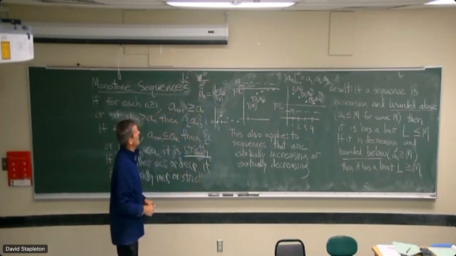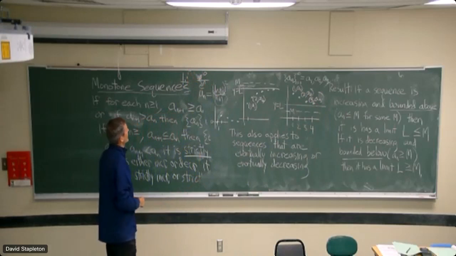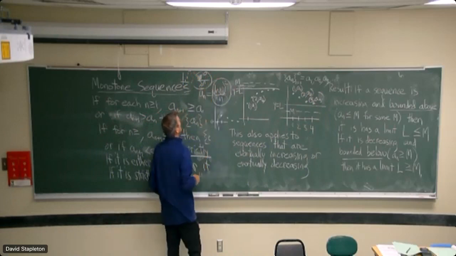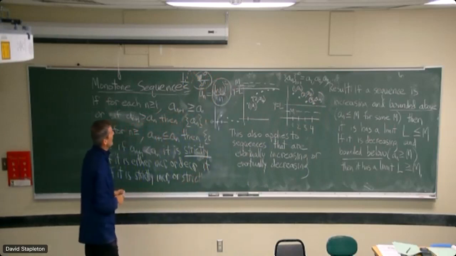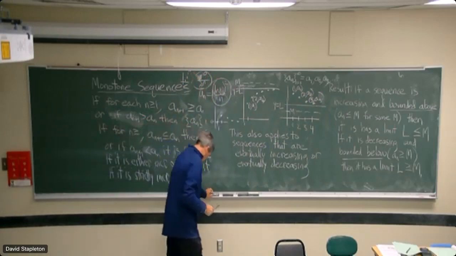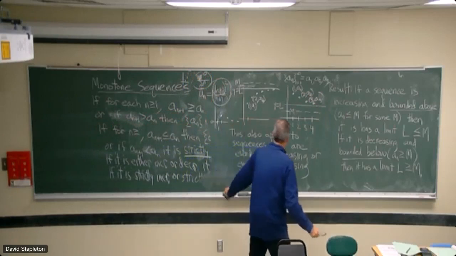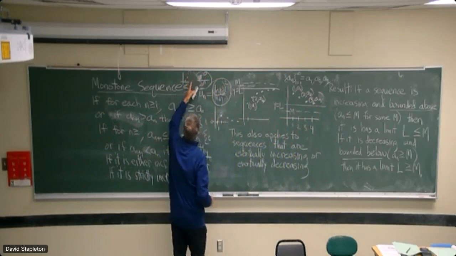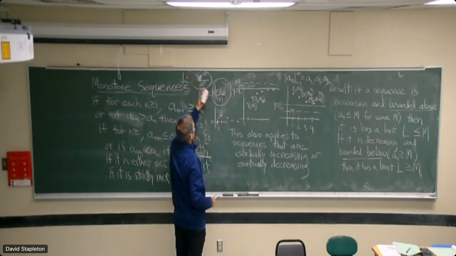So that would be an eventually decreasing sequence. Okay, so with these kinds of sequences, past this point they're decreasing and bounded below by 0, so the limit is 0 in these two cases.